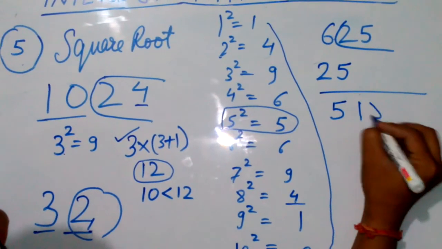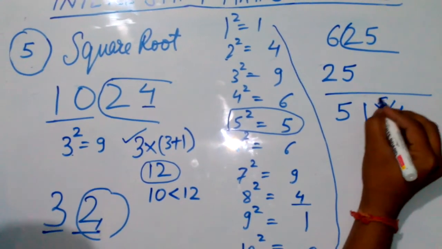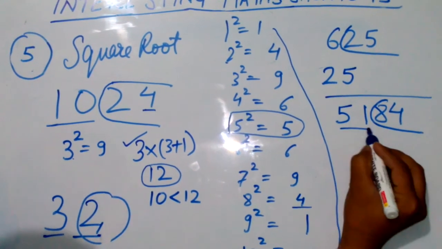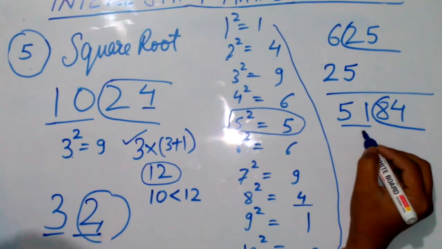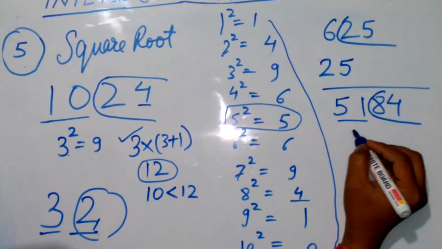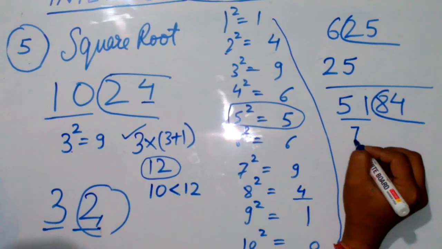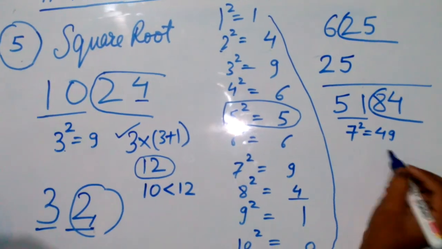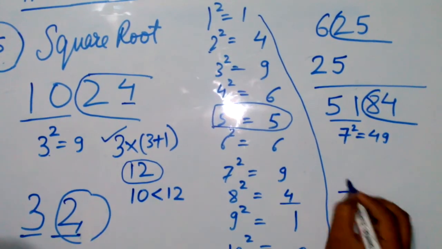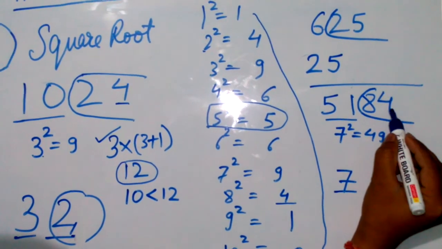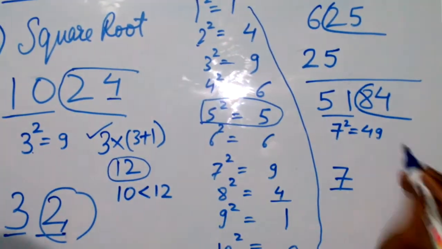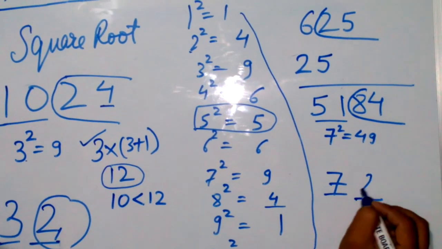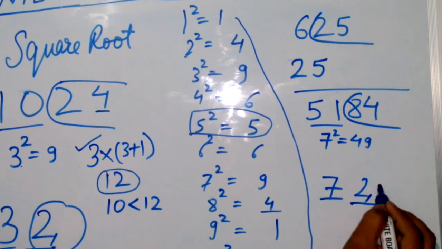Taking one more example, 5184. Separate the last two digits, left 51. The square of 7 is 49, which is just less than 51. So the first number will be 7. Now how will 4 come here? The second number may be 2 or 8.